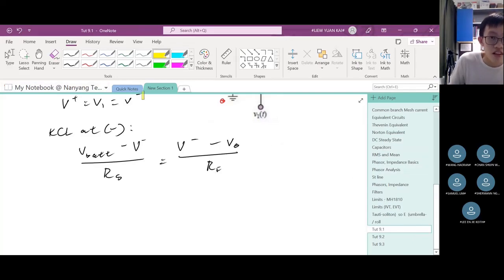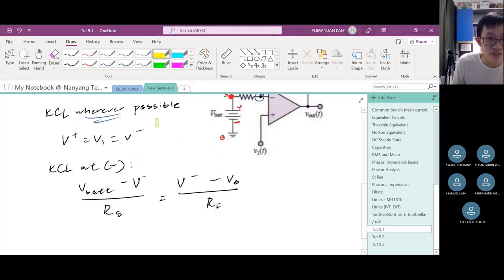Okay, so let us sub this in, because we already discovered from our analysis that V1 is equal to V minus. So I can replace every V minus I see with V1.